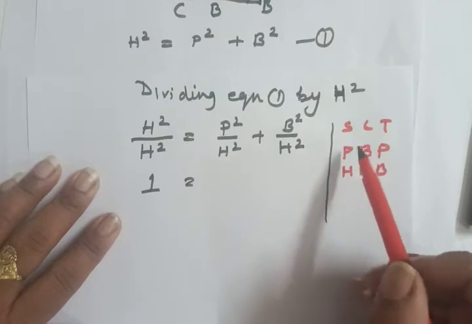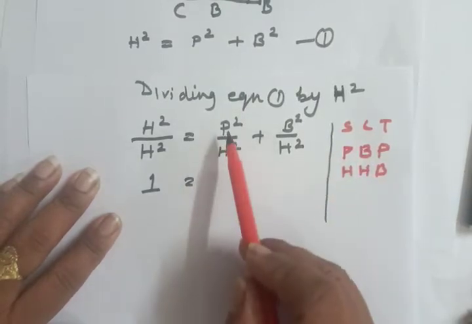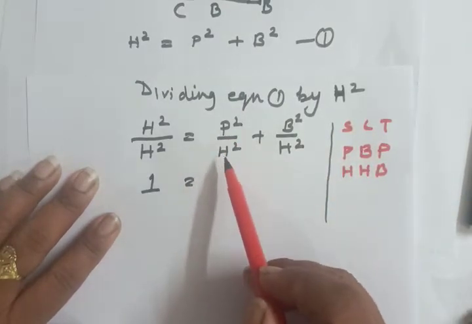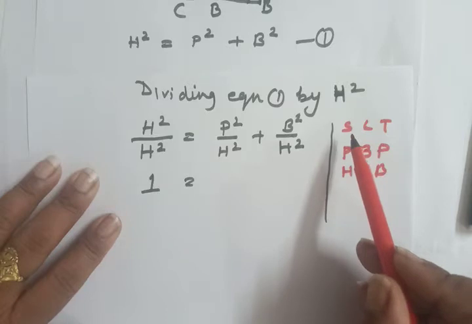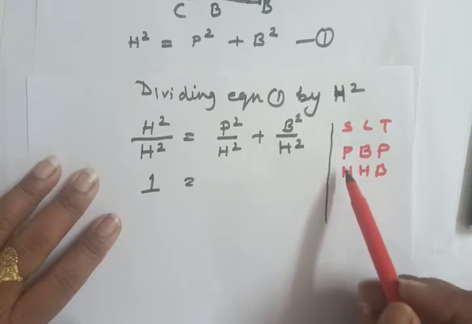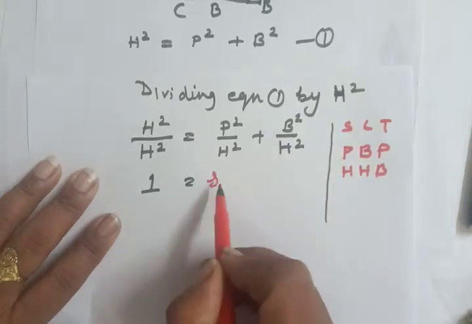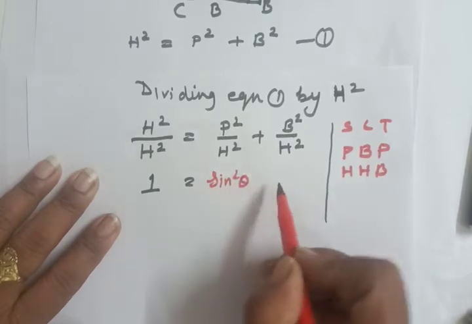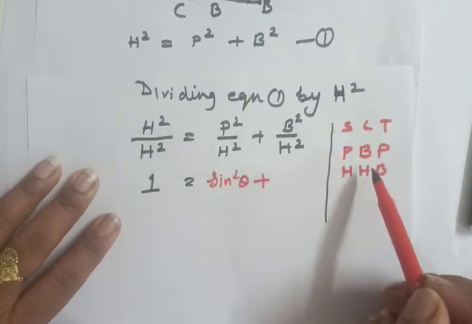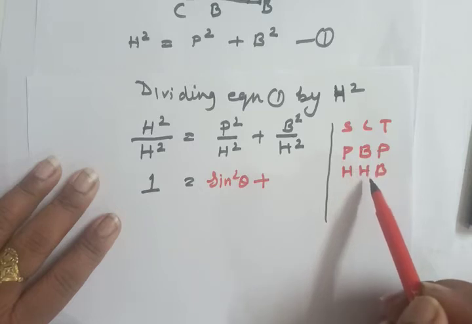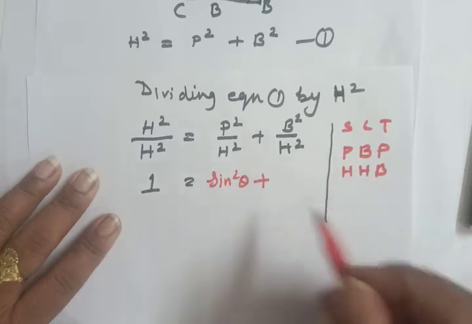Here we can see p upon h square. So what is p upon h? Perpendicular upon hypotenuse always represents the sine of angle theta. So it is sine square theta, plus b upon h, base upon hypotenuse, which always represents cos square theta.